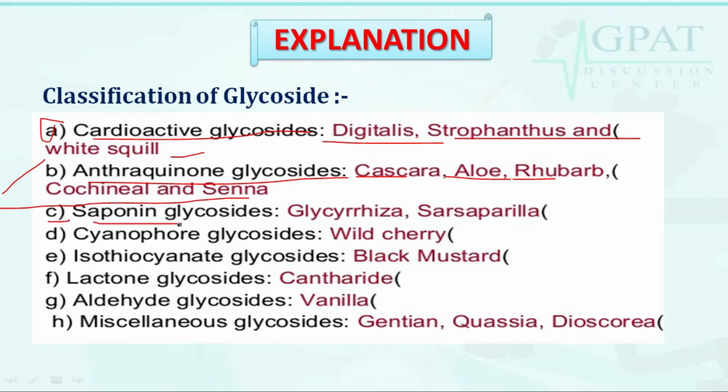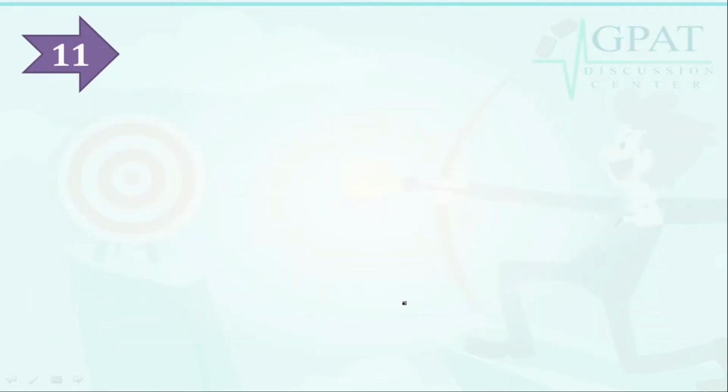Then saponin glycoside, cyanophore glycosides, isothiocyanate glycoside, lactone, aldehyde, miscellaneous glycosides. Students, this is very important, because the question may also ask from this classification itself. So just try to note it down and revise on time, so it will help you to attempt questions based on this topic.